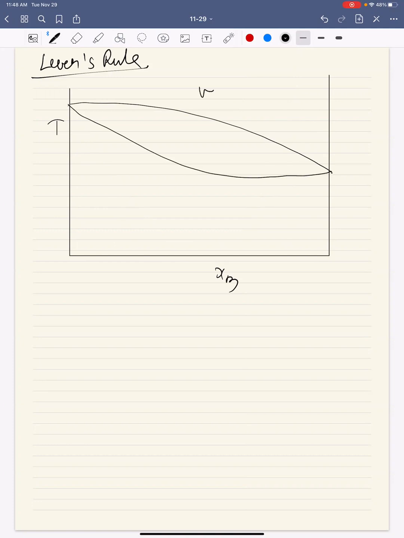So this is all vapor, this is all liquid, and in the middle, you have liquid plus vapor. This is xb is equal to 0. This is xb is equal to 1.